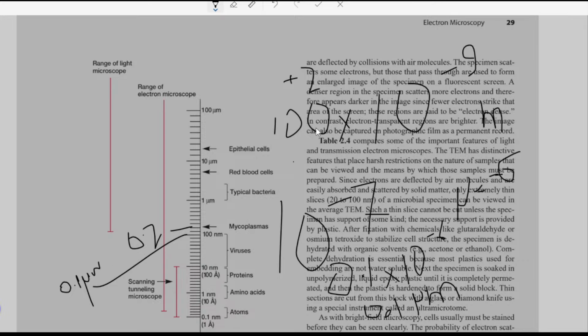Wait, so then the 10 nanometer will be 1 micrometer. No, what am I talking about? How can it be a bigger number? Ten multiplied by 10 raised to power minus 9.